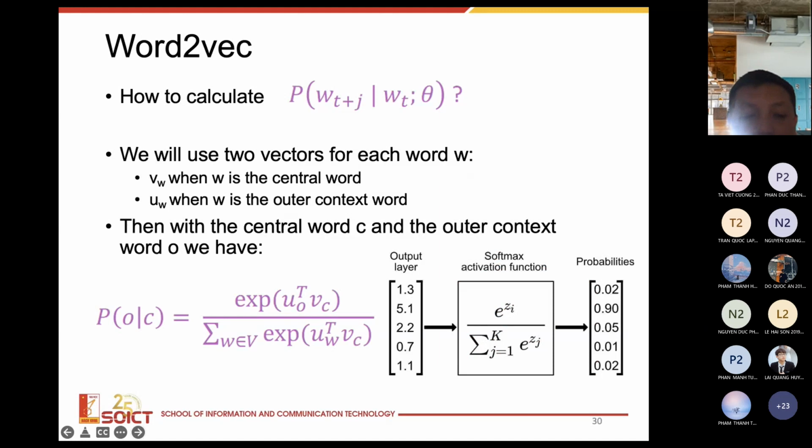So you see, this is the formulation for the softmax function, because the sum of the probability of every word given C will be equal to 1, right?